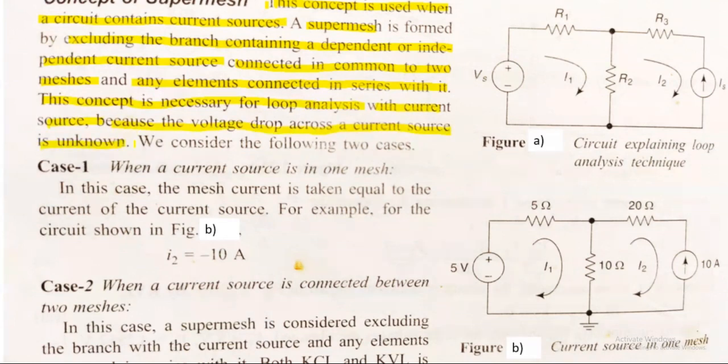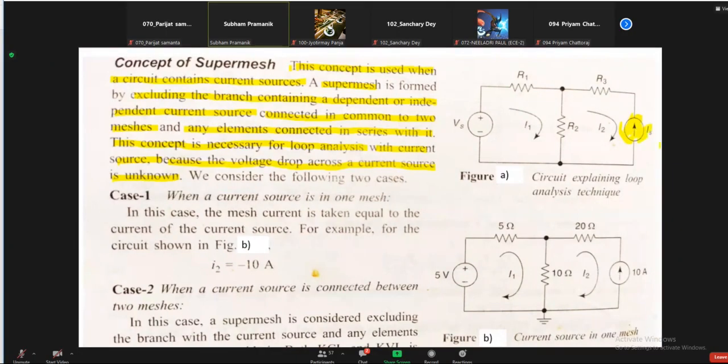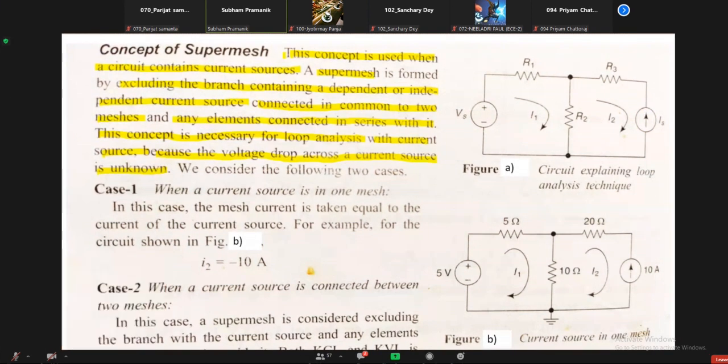What I was saying is that if you suddenly have a current source like this, there is no impedance here. So how will you find what you need to multiply with? That's why, due to this kind of problem, we have a different method.